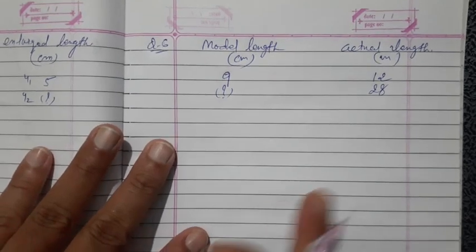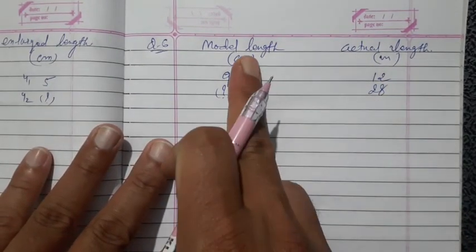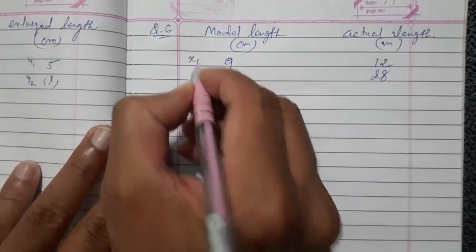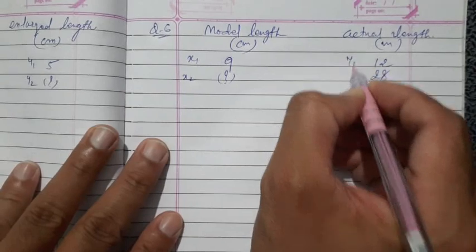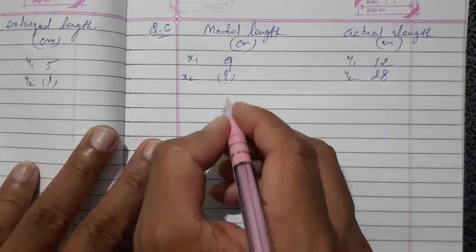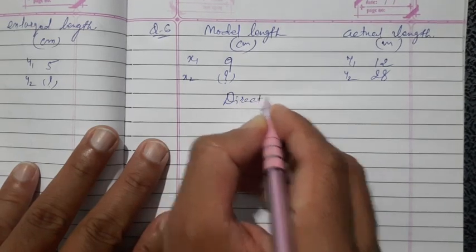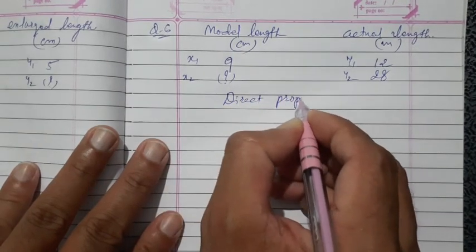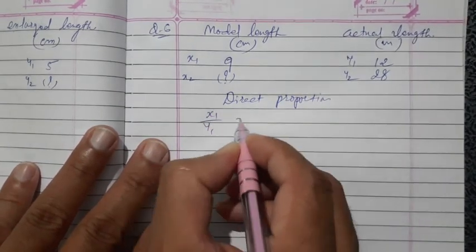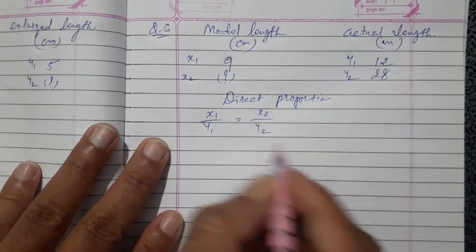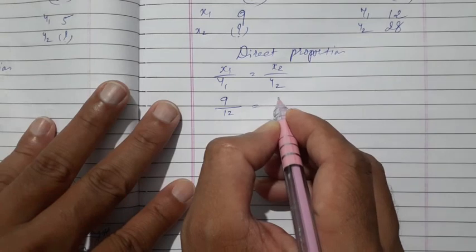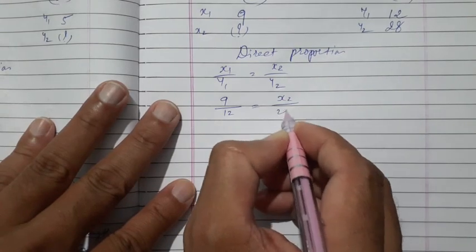Okay, when actual length is increased, the model length is also increased, means both increase together. So write down x1 x2 y1 y2, and they are in direct proportion. So x1 upon y1 equal to x2 upon y2. Put the value of x and y, 9 upon 12 equal to x2, you just find out, and here 28.